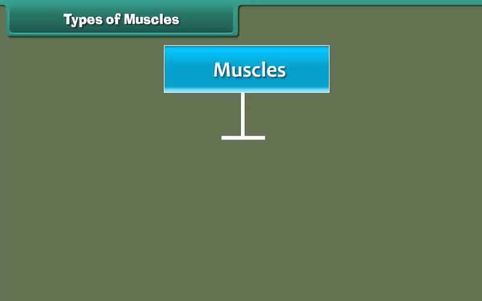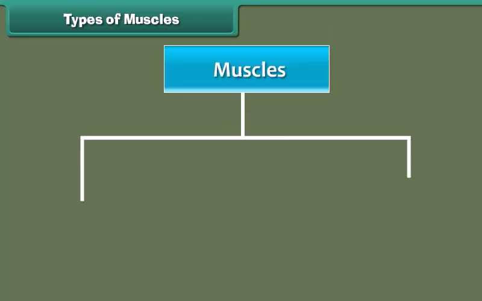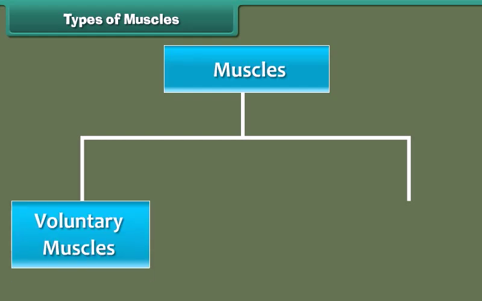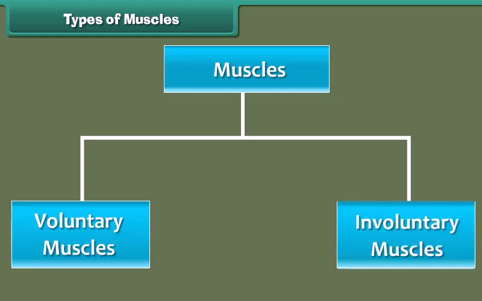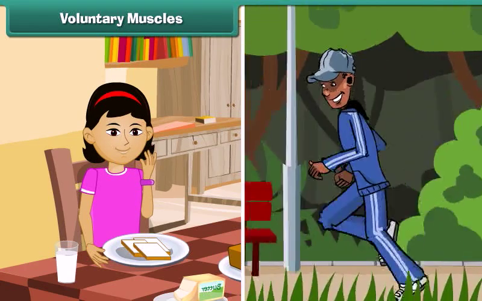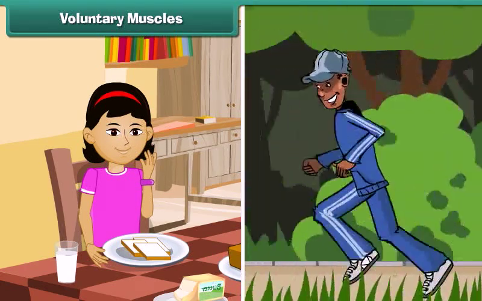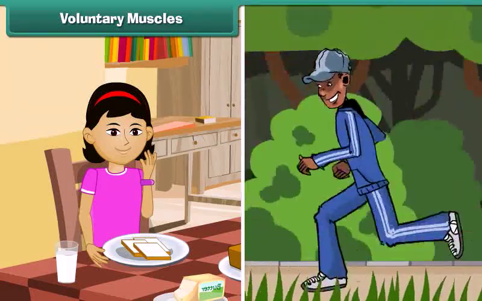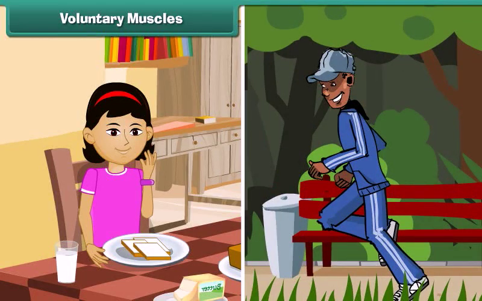According to the nature of their functions, muscles are of two types: voluntary muscles and involuntary muscles. Some actions are performed whenever we wish, like eating, walking, etc. We can start or stop these actions whenever we want.